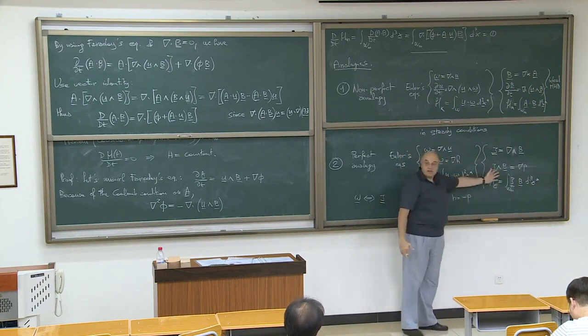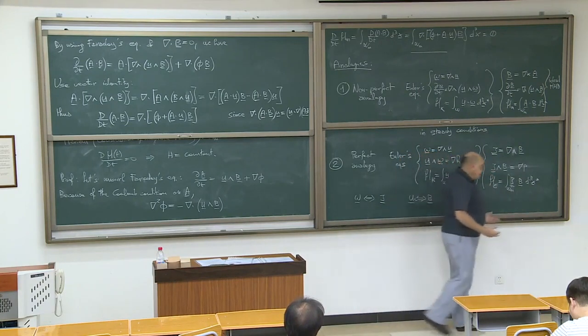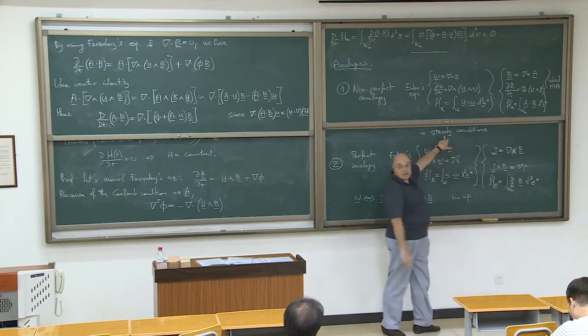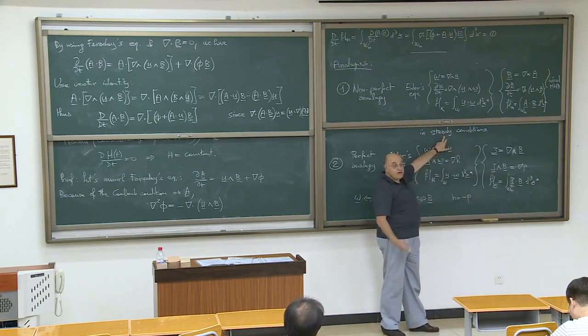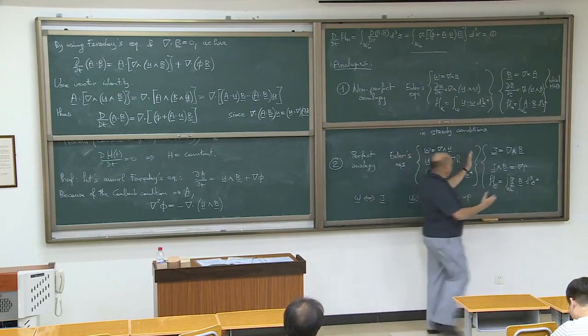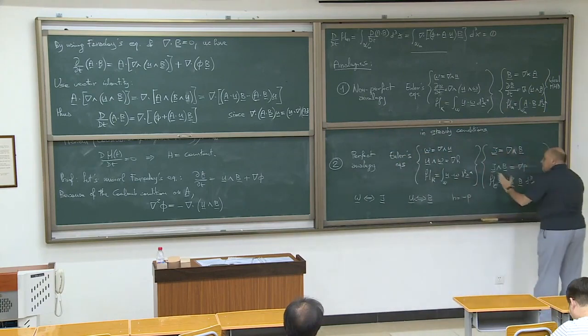So you have a static condition that allows you to find the solution, for example here, and to transfer it by analogy to this set, or the other way around. So this is rather convenient, because remember the non-perfect analogy. The non-perfect analogy has this devilish part in it.